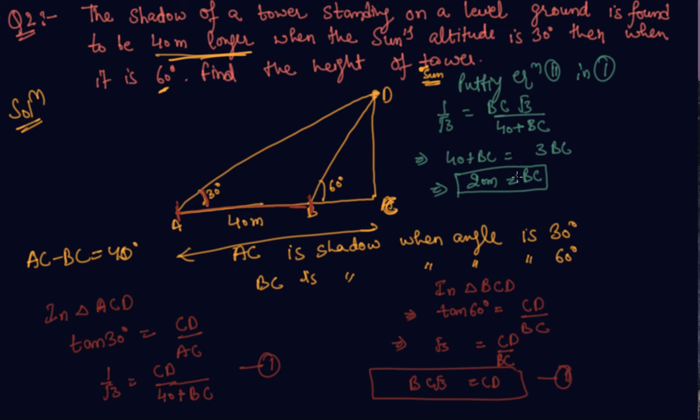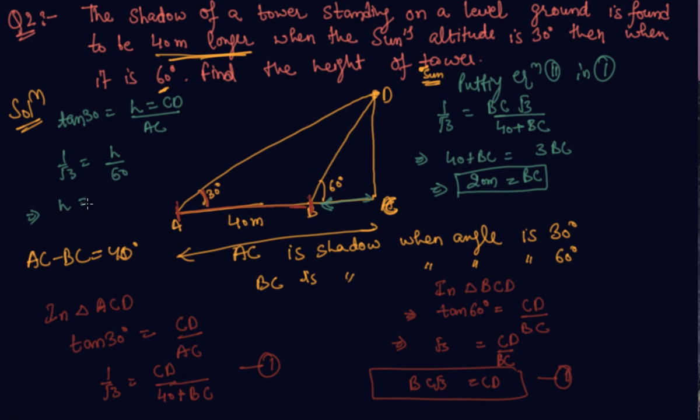I skipped one step there. I hope you can do it now at your end. So what I get is the value of BC, and now I have to find the value of CD, the height of the tower. From this relation, tan 30 is equal to the height of the tower, which is CD, upon the total shadow AC. 1 by root 3 is H upon 60.